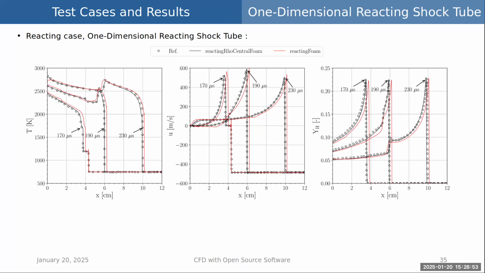And if you have to increase the number of inner and outer loops, then your calculation is even slower. And that's one of the points of using pressure-based algorithms: to use bigger time steps and to have a quicker simulation.